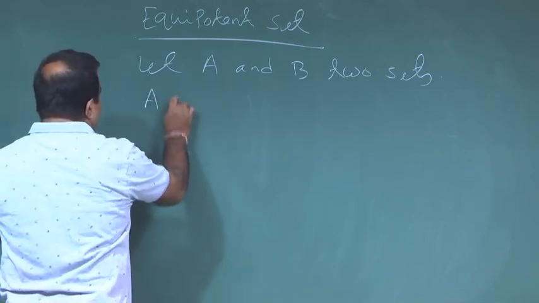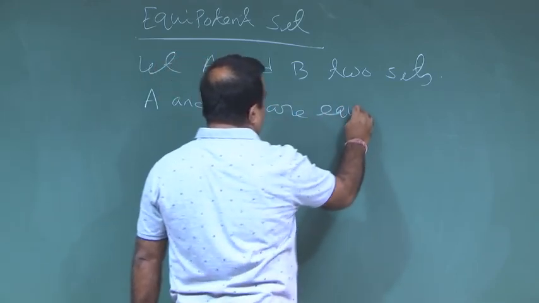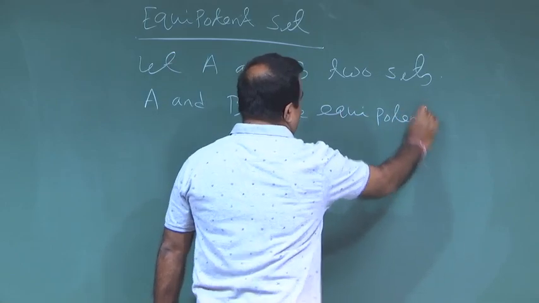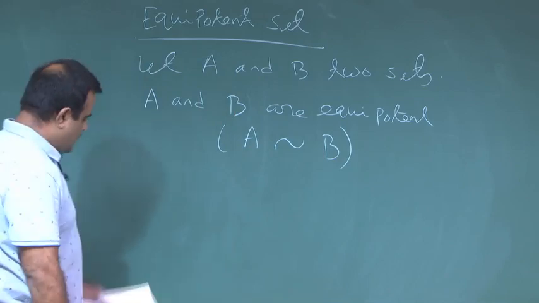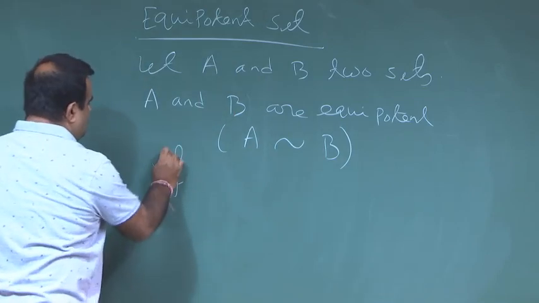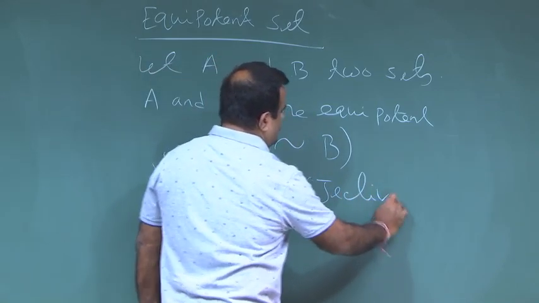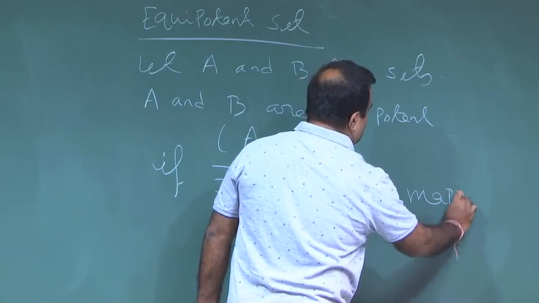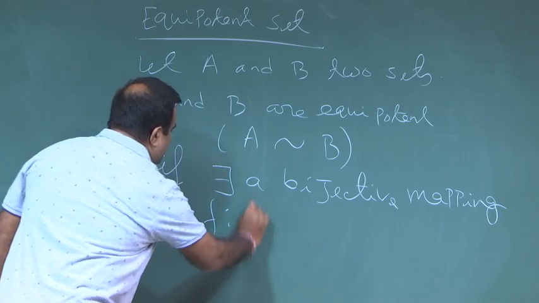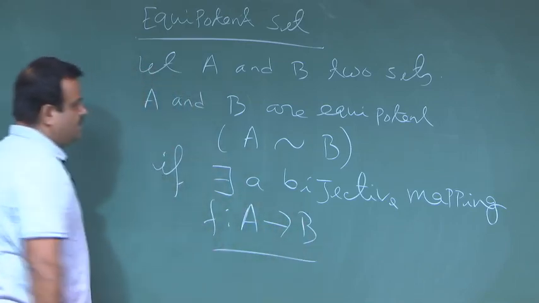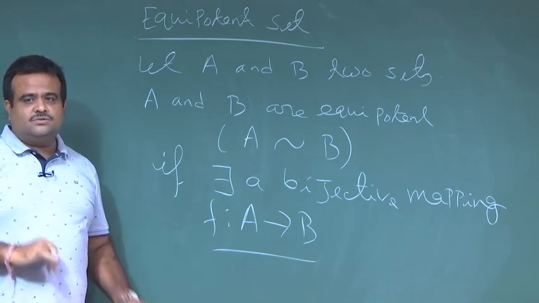A and B are equipotent, which we denote by this symbol, if and only if there exists a bijective mapping from A to B. If there exists a bijective mapping from A to B, then we say these sets are equipotent.